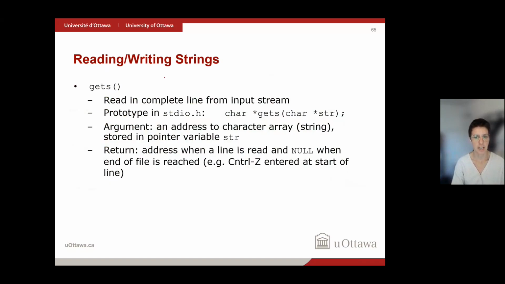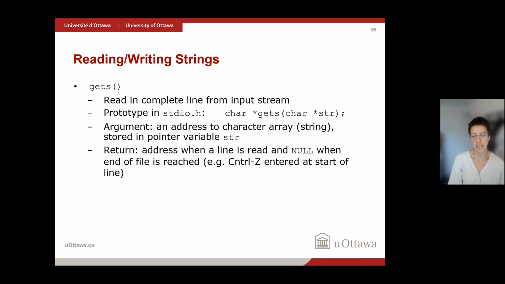Okay, and then finally, right now we're using scanf to read in all of our data. However, we can use string-specific functions to read in strings of characters or arrays of characters as well.